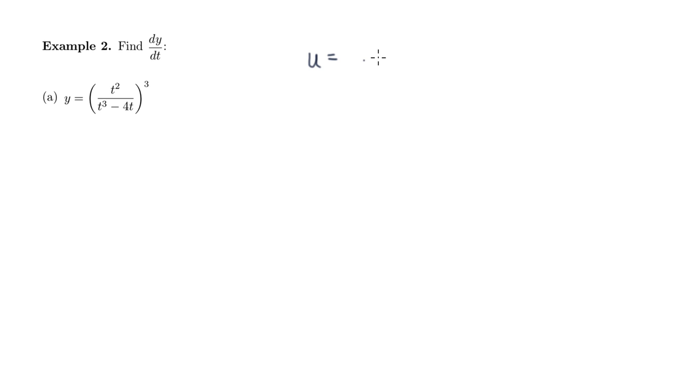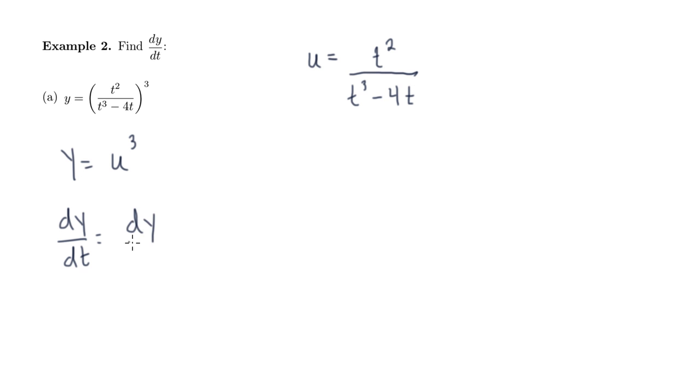So u, we're going to say, is t squared over t cubed minus 4t. But then y is just u cubed. Okay, so then what is dy dt? It's just going to be dy du times du dt. That's what the chain rule says.